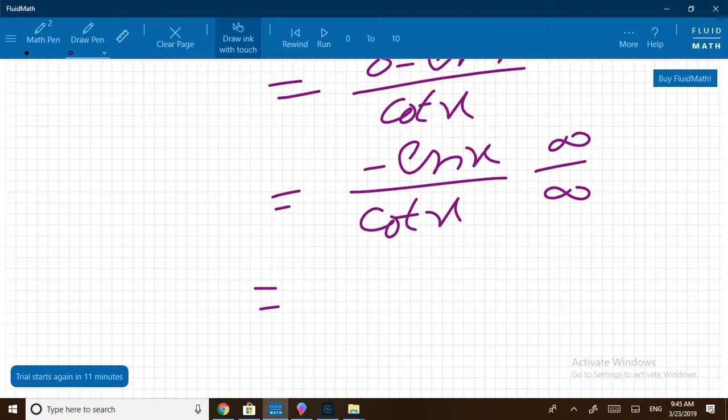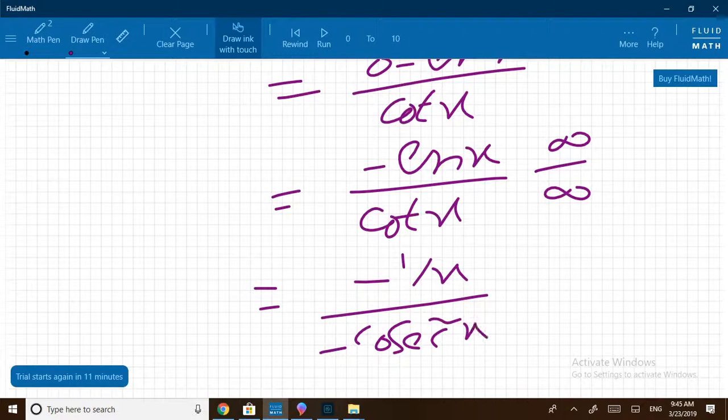So apply the L'Hospital rule: minus 1 by x, and the derivative of cot x is minus cosecant square x.